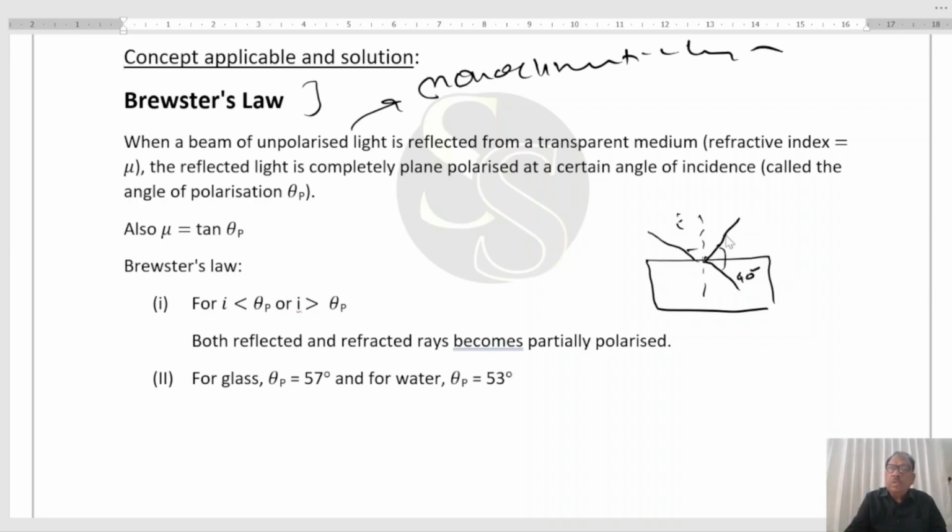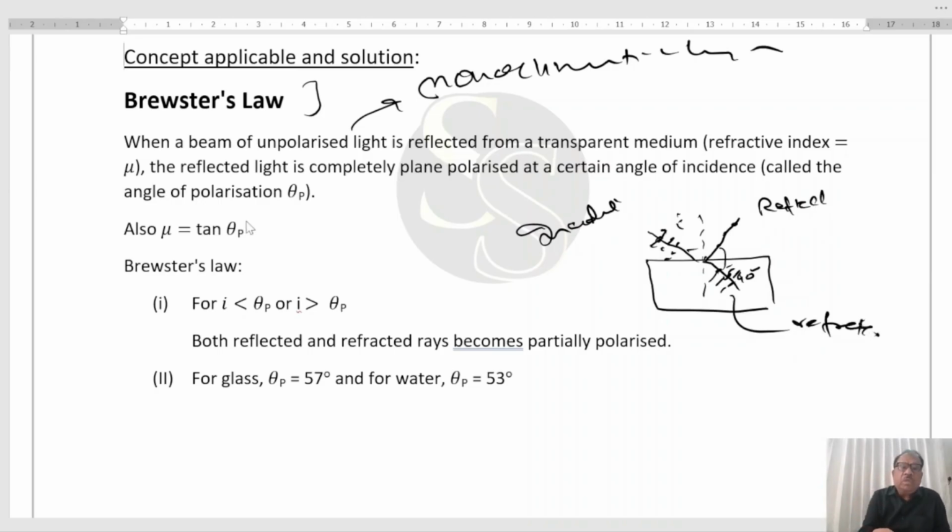In this case, this is the incident ray, this is the reflected ray, this is the refracted ray, right? This is the angle phi.